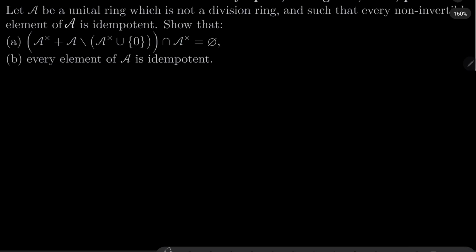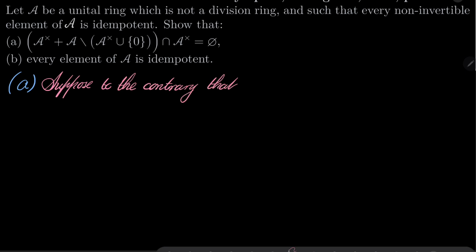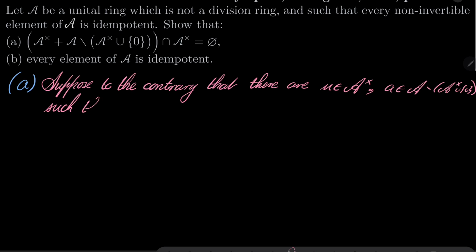Alright, so let's start with part A. For part A, let's suppose to the contrary that there are u, which is a unit, and a, which is not a unit and is not 0, such that u plus a is a unit once again.